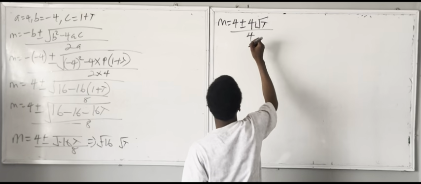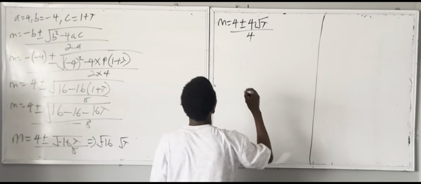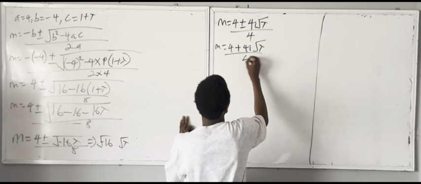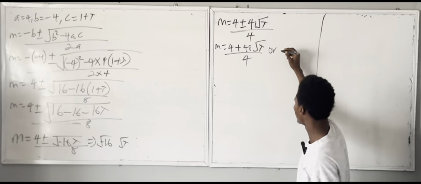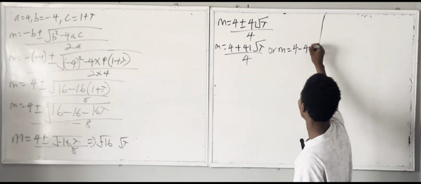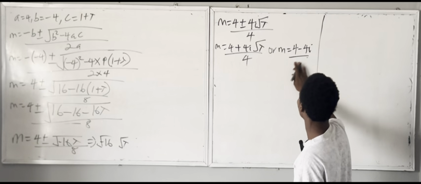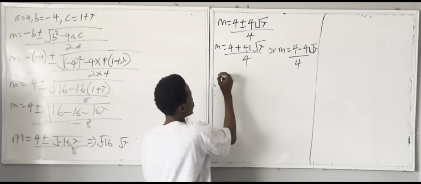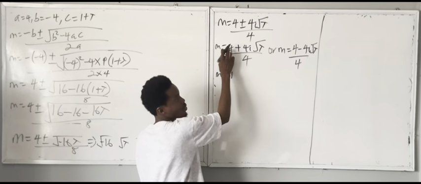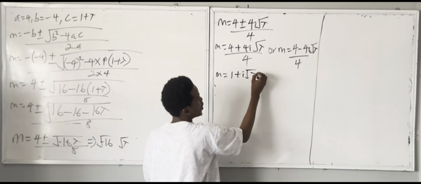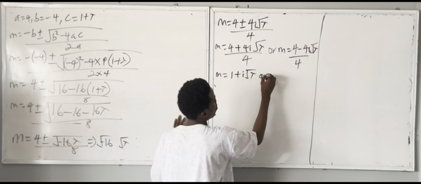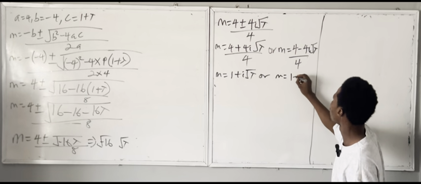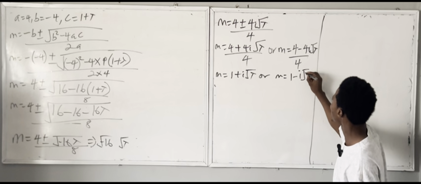All over what? In this case, I'm going to have m is equal to 4 plus 4i root lambda, all over 8, or m is equal to 4 minus 4i root lambda, all over 8. Factoring out 4, I'm going to have m is equal to 1 plus i root lambda, or m is equal to 1 minus i root lambda.